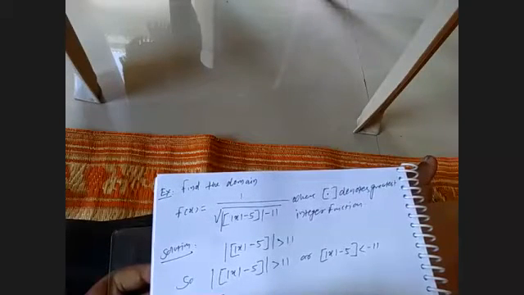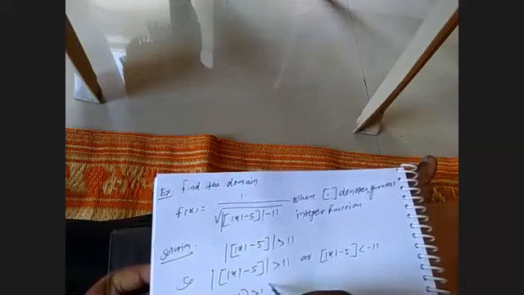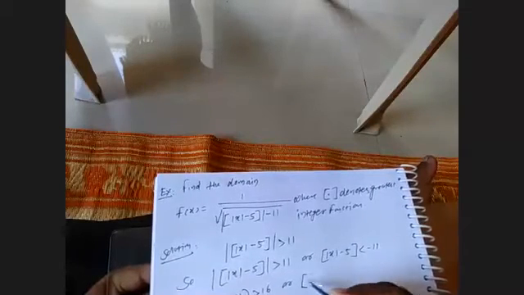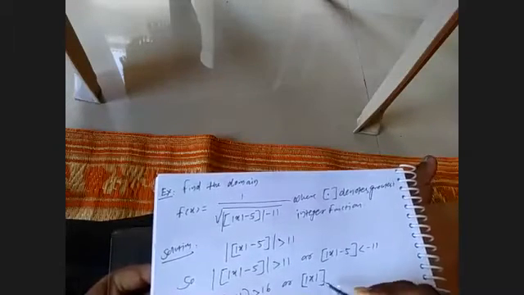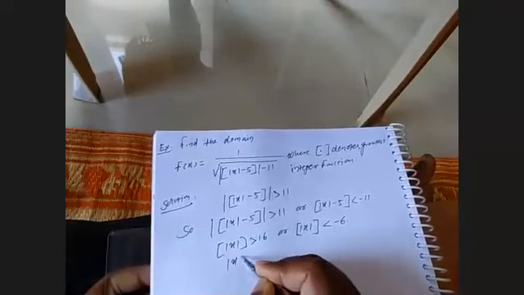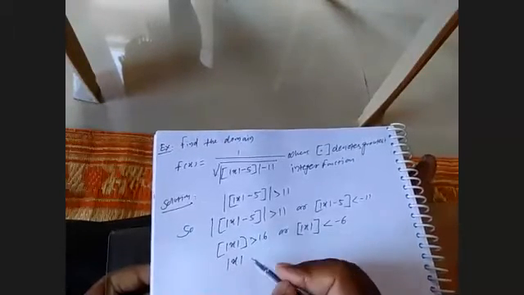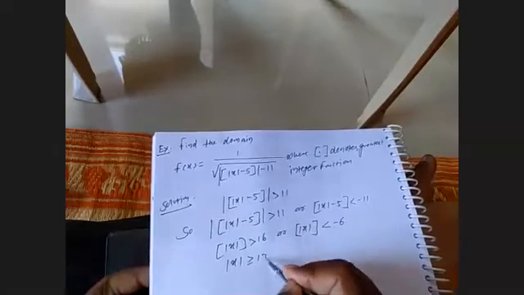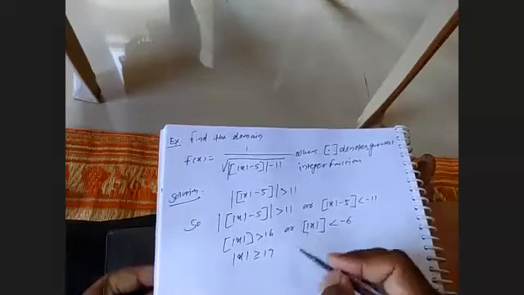The greatest integer function mod x is greater than 16, or the greatest integer function mod x is less than minus 6. The greatest integer function is greater than or equal to 17, according to the definition.